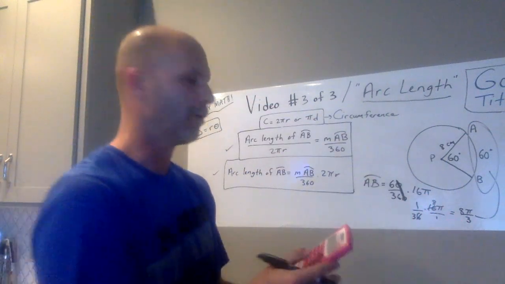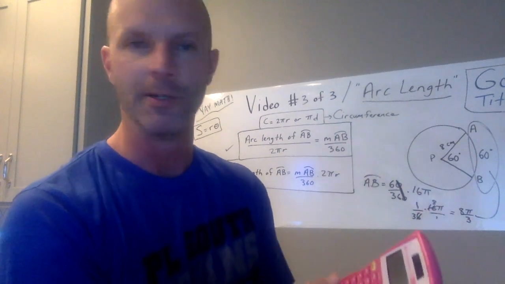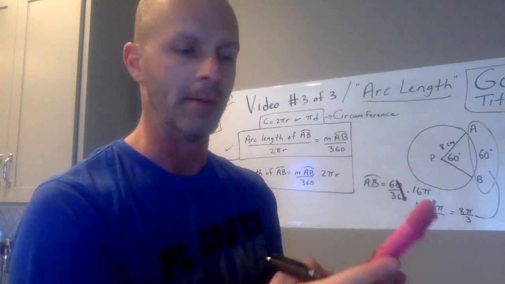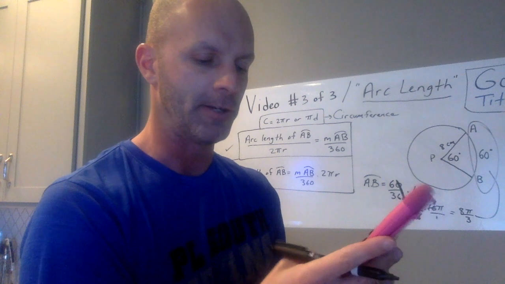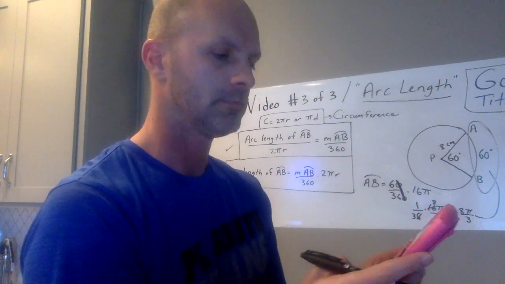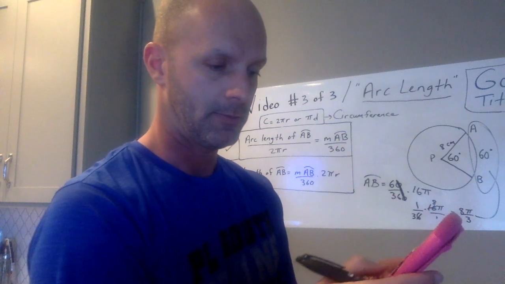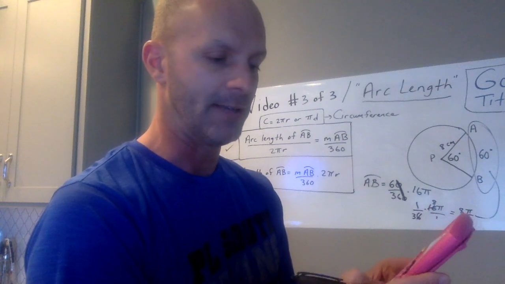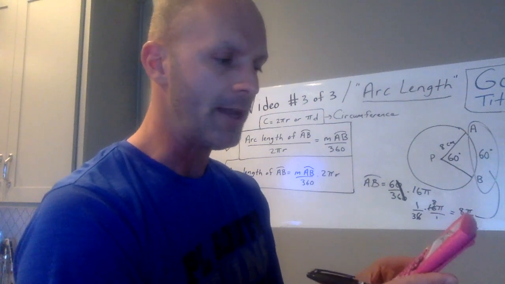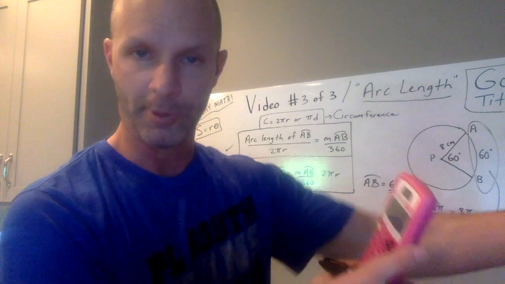Okay. So if we're in degree mode, I'm going to take 8 times pi, and it really doesn't matter if we use 3.14 or the pi button. So I'm going to do 3.14, and then times, divided by. Go back, delete that, and then divide that by 3. And when I do that, I get 8.37, and then 3.